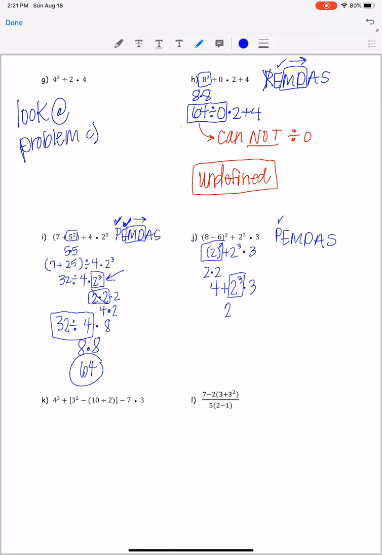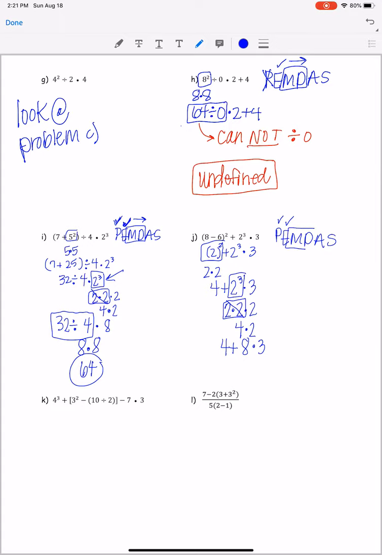That means you've got 2 times 2 times 2. 2 times 2 is 4. Bring down your times 2, and 4 times 2 is 8. So now drop down everything else. I need my 4 plus, and then my times 3. So those are my exponents.